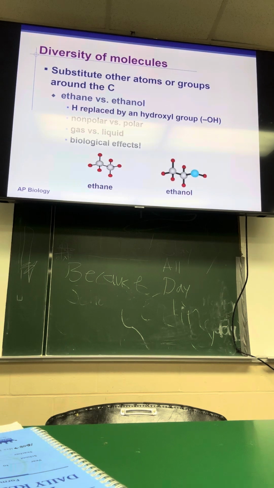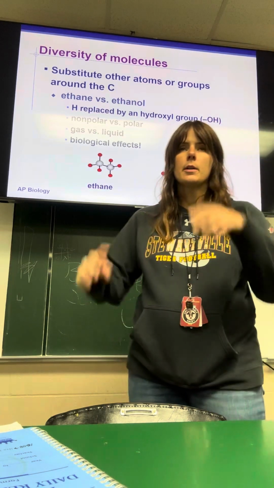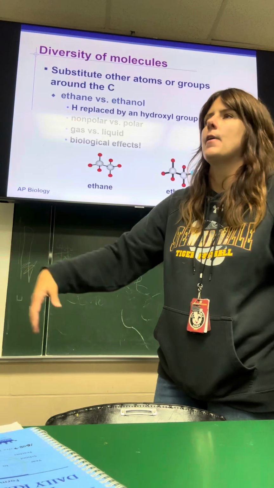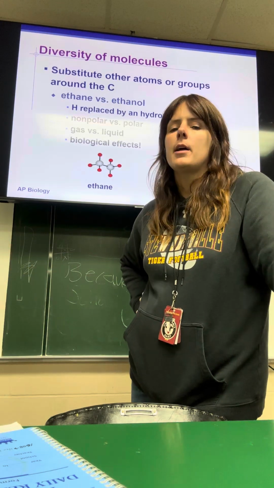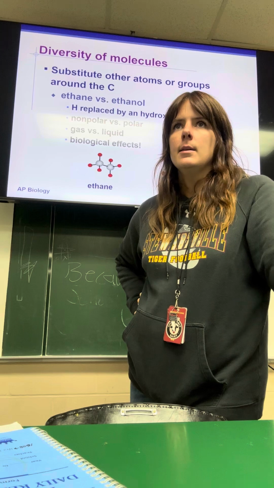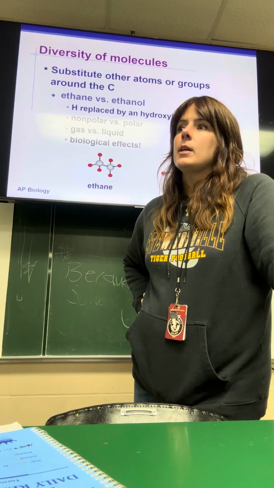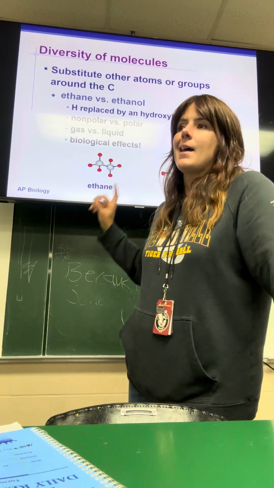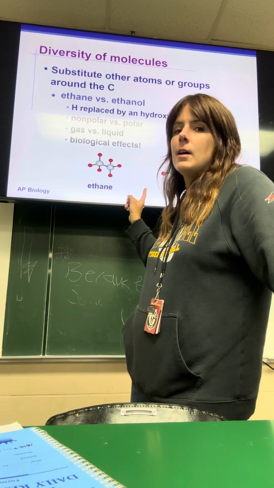Okay, and then this is what we're getting to for functional groups. In the next chapter, chapter 5, we're going to talk about all those biological macromolecules. When we talk about that, it's really a carbon structure that then adds a functional group to it.